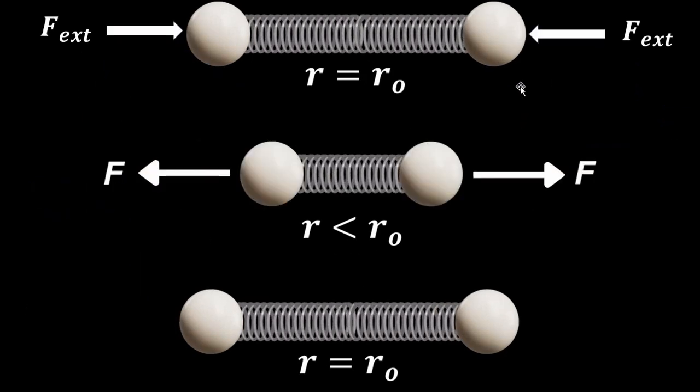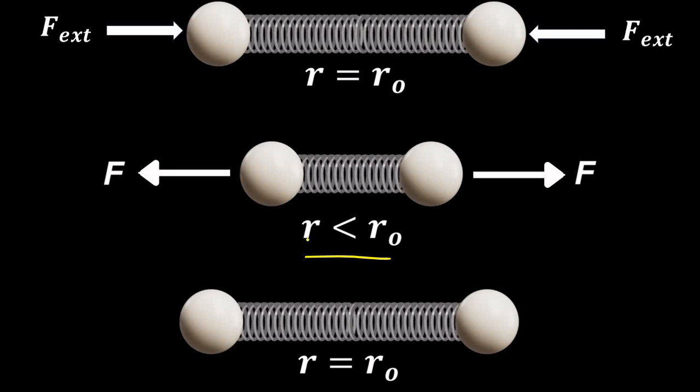Similarly, when the externally applied deforming force tries to compress the spring, that is, move the two atoms closer to each other, the interatomic separation is lesser than the equilibrium separation. Here the restoring force acts in the opposite direction, as if it mimics the interatomic force of repulsion.